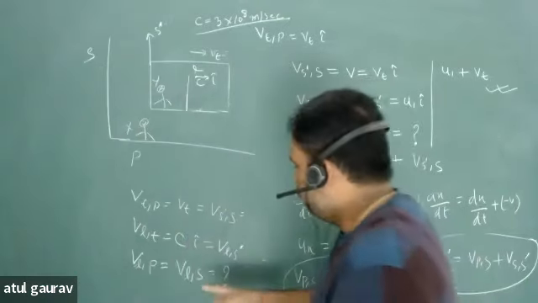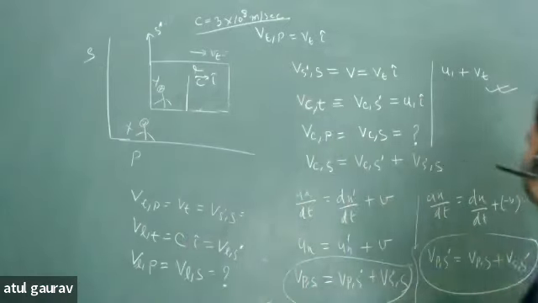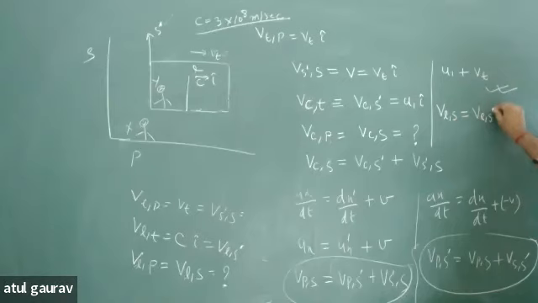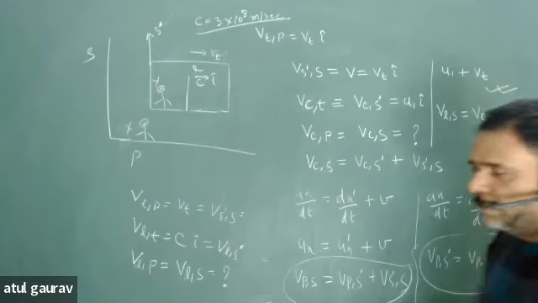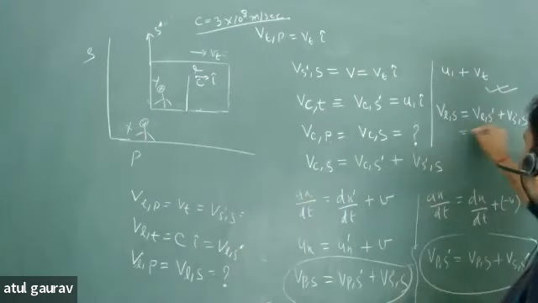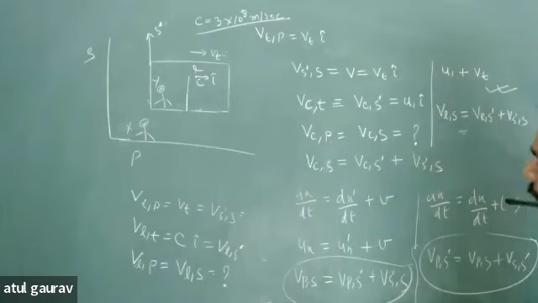So we have to calculate the velocity of light with respect to S. Again, we have to write the same equation. So the velocity of a light with respect to S is equal to the velocity of a light with respect to S dash plus the velocity of S dash with respect to S. What is the velocity of a light with respect to S dash? C. What will be the velocity of S dash with respect to S?